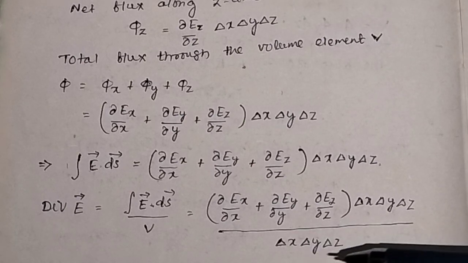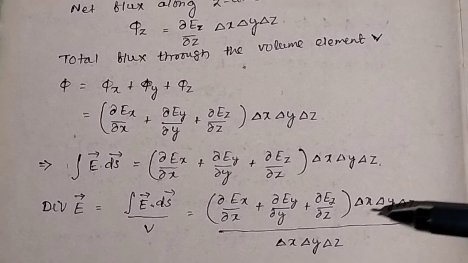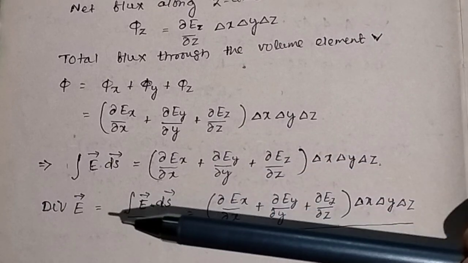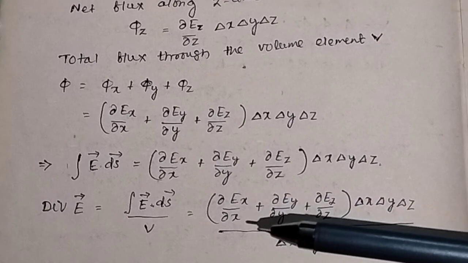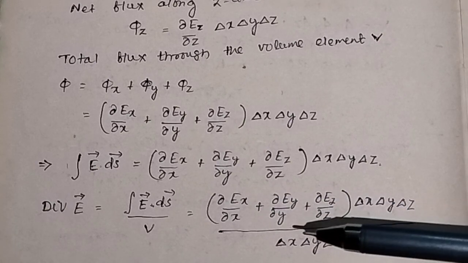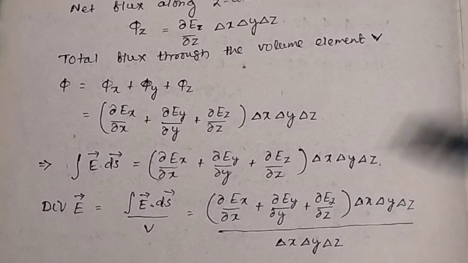So delta x delta y delta z will cancel. So divergence of E will be only del Ex with respect to x plus del Ey with respect to y plus del Ez with respect to z.